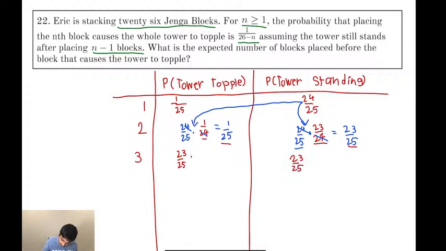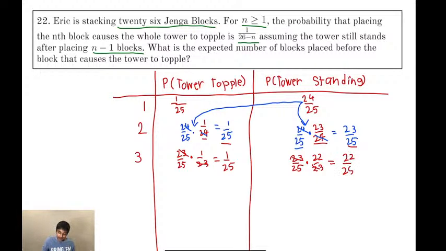From there, we multiply by the probability the third block will cause the tower to topple, which is 1 over 23. That cancels out, and we get 1 over 25. And for the standing case, we multiply the probability the third block won't fall, 22 over 23, by the probability the first two blocks won't fall, giving 22 over 25.